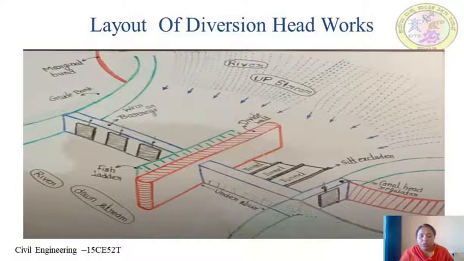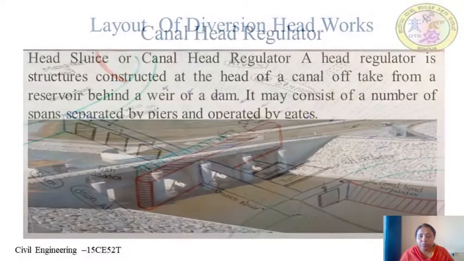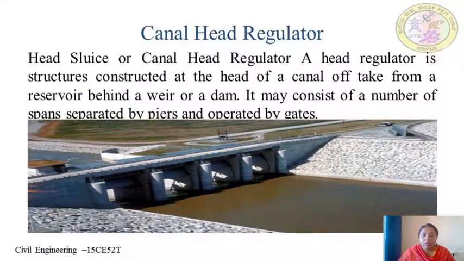The approach channel is generally provided to reduce the velocity of water so that the silt particles will remain in suspension and only clean water can be regulated into the canal. You can see here the clean water is allowed to enter into the canal through the canal head regulator. So this is the canal head regulator.